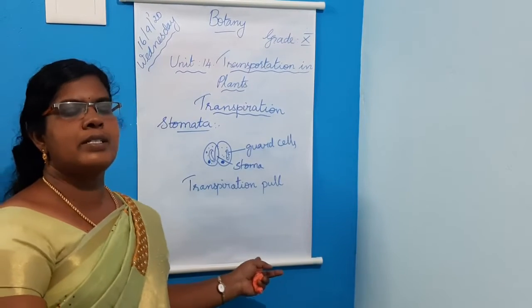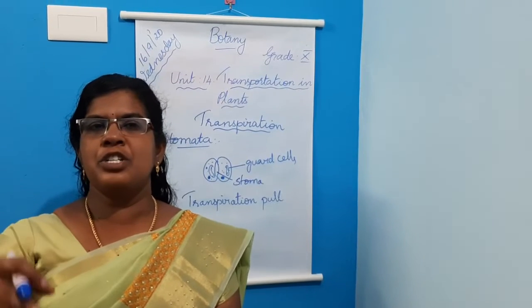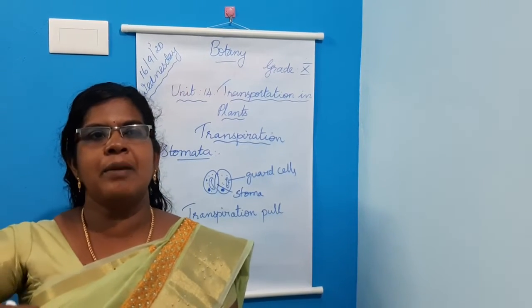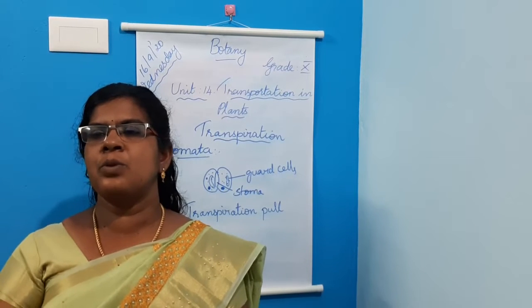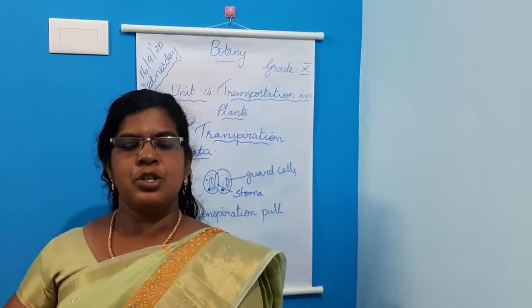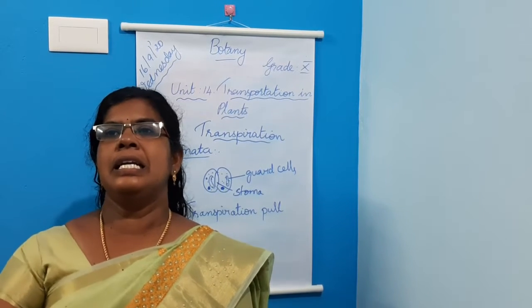That is called transpiration pull. This pull extends up to the roots and helps the roots to absorb water and mineral salts from the soil, and it ensures continuous flow of water from roots to the leaves.